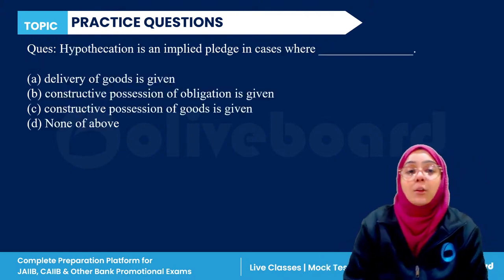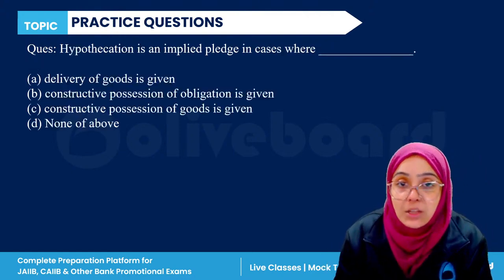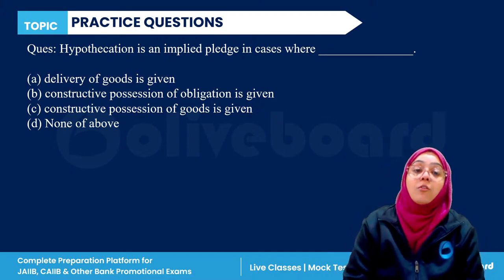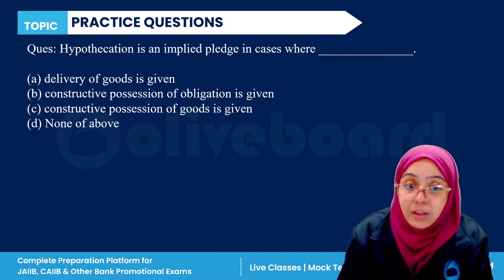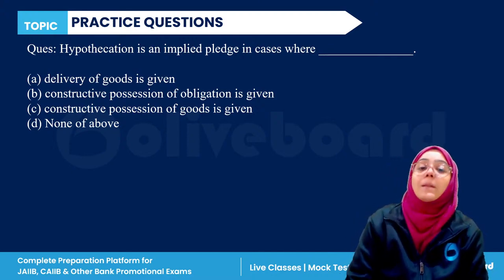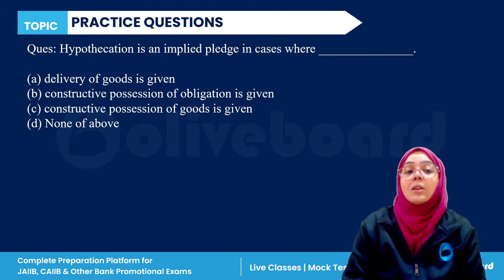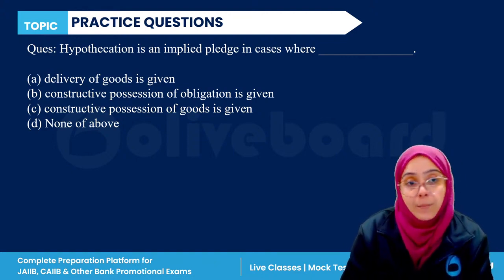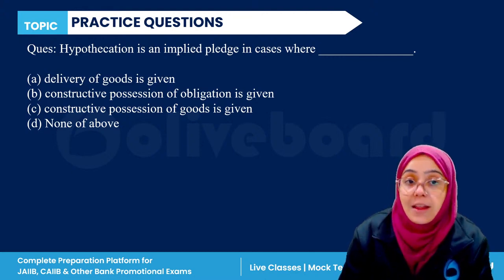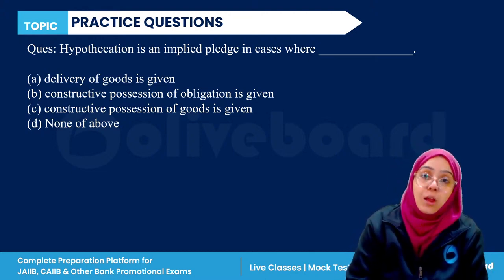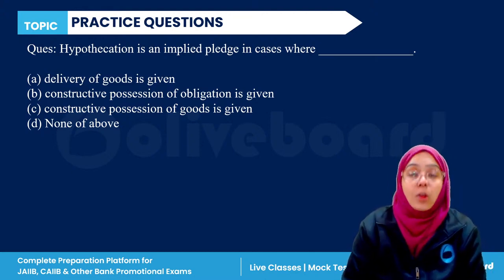Next question. Hypothecation is an implied pledge in the case where the delivery of goods is given, constructive possession of the obligation is given, constructive possession of the goods is given, or none of the above. Hypothecation is an implied pledge, where we compare hypothecation and mortgage.